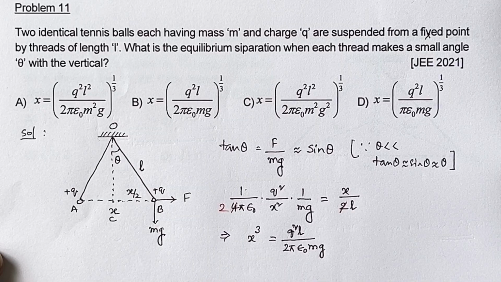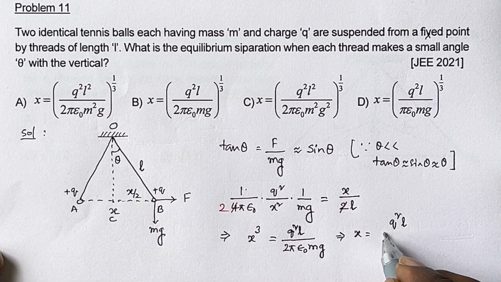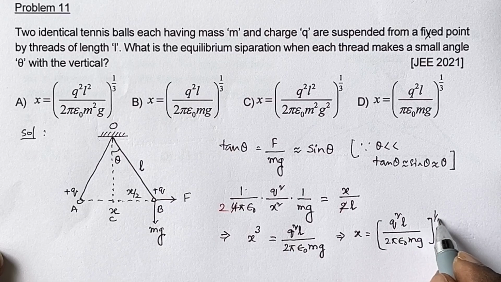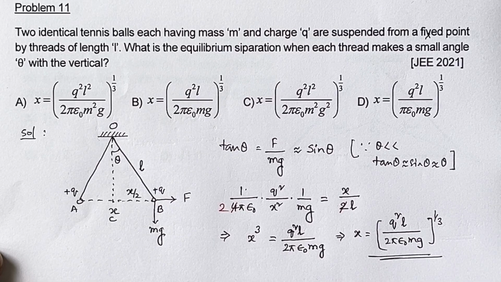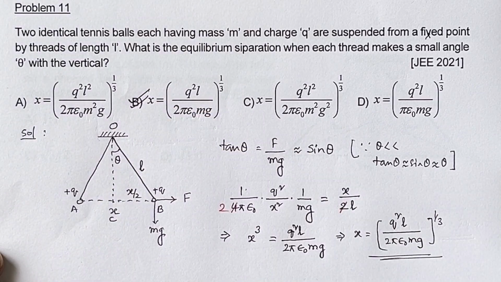This is the remaining thing. So x we have to find. x is equal to (q square L by 2 pi epsilon naught mg) whole power 1 by 3. So this is the answer. So in this particular problem, the second option B is the correct option.